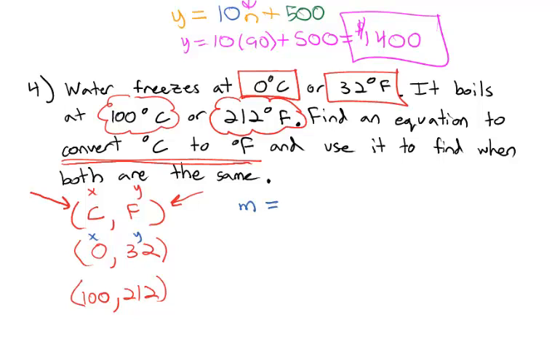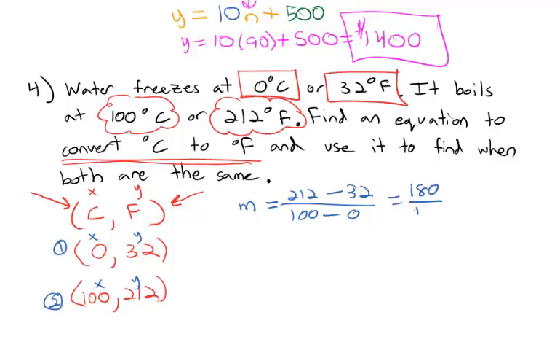We've got an x and a y, a first point and a second point. So y2 is 212, minus y1 is 32, over x2, which is 100, minus x1, which is 0. Subtracting 212 minus 32, we'll get 180. Over 100 minus 0 is 100. Reduce that, we get 9/5.